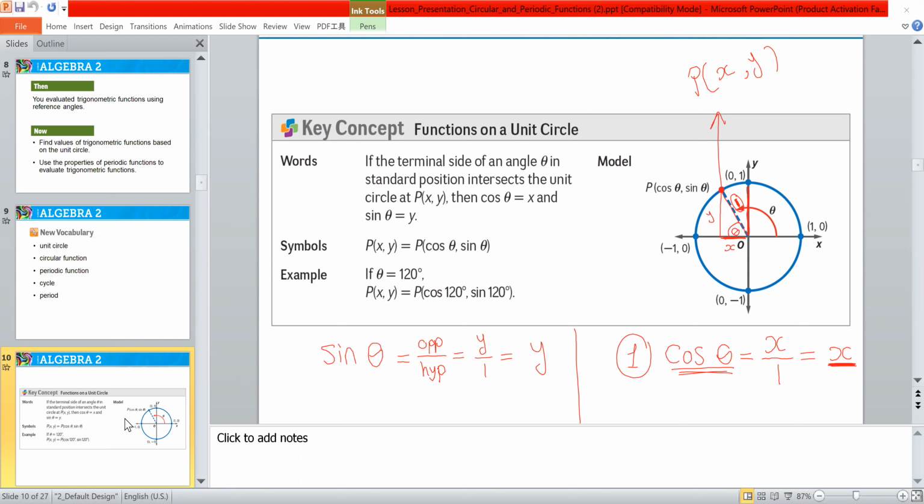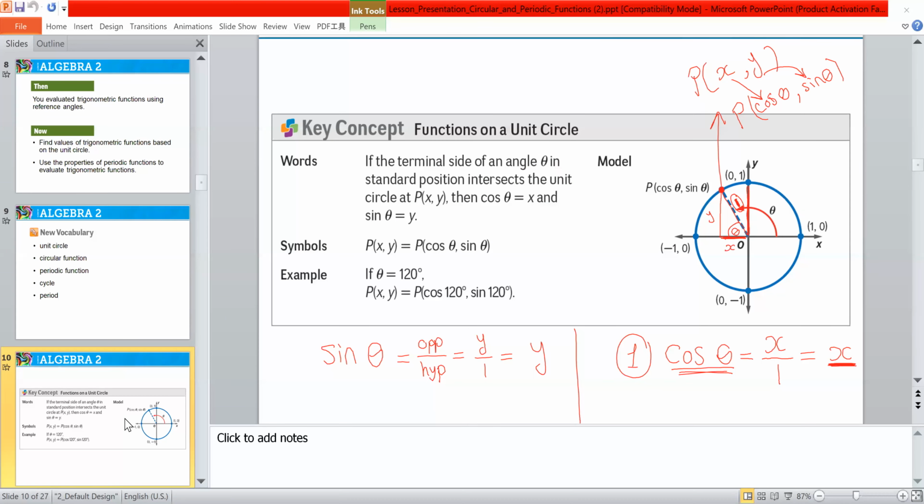So I can represent this point by cosine theta and sine theta. When we work in a unit circle, x can be represented by cosine of the angle and y is represented by the sine of the angle.